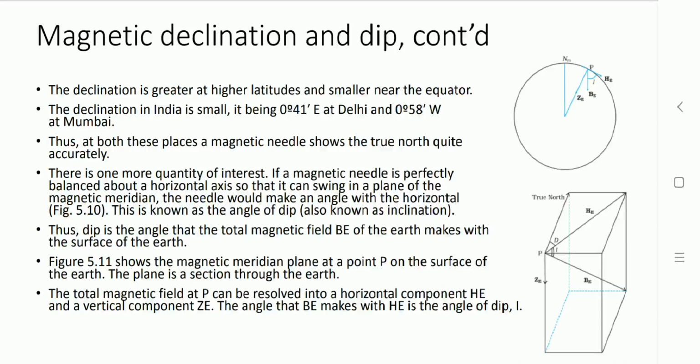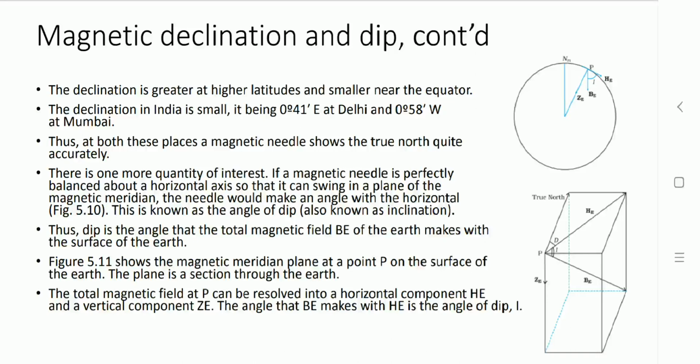So that is a very small declination angle. So we can say that in India, whatever the magnetic needle shows as north and south pole is near to the exact value, or we can say the accurate value shown by the magnetic compass needle in India.